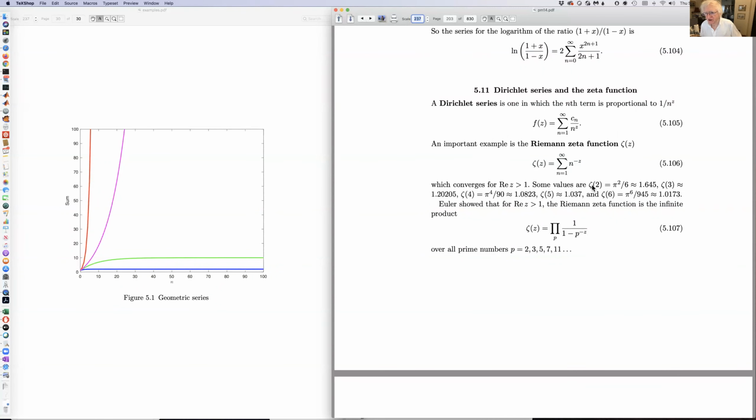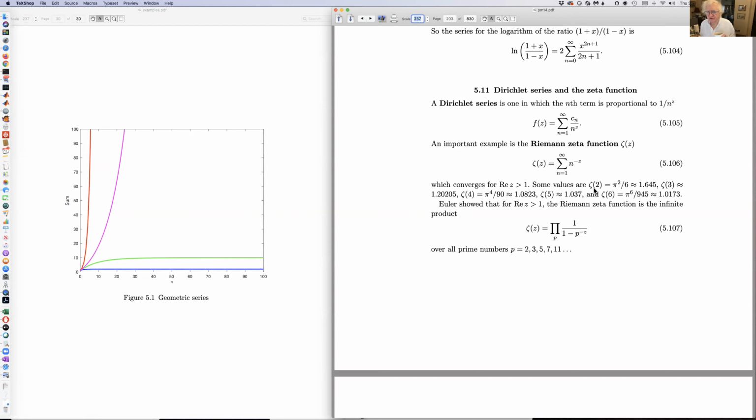Some of the zeta functions have very simple expressions and others don't. Zeta of 2 is pi squared over 6. Zeta of 3 is, I think this is just an approximate formula, but zeta of 4 is pi to the 4th over 90. Zeta of 5, so it's these even zetas that have nice exact formulas, and the odd ones, well, they may have nice exact formulas, but I don't know what they are.